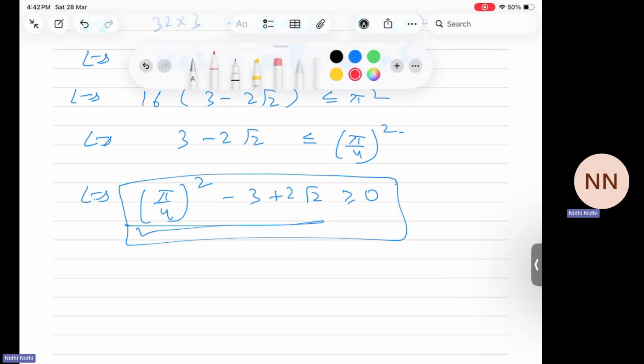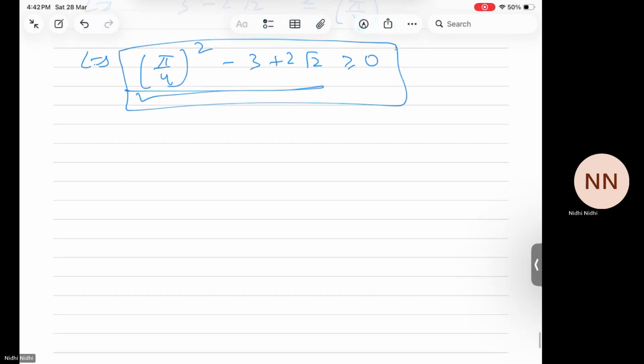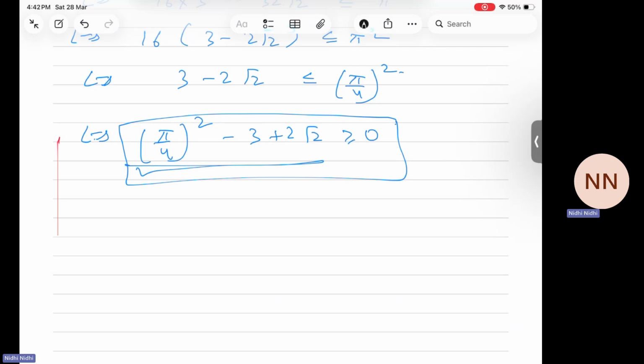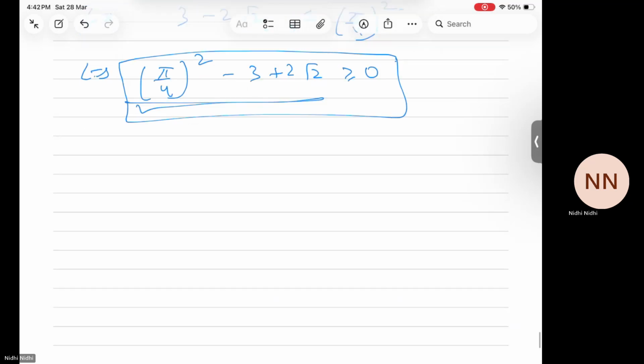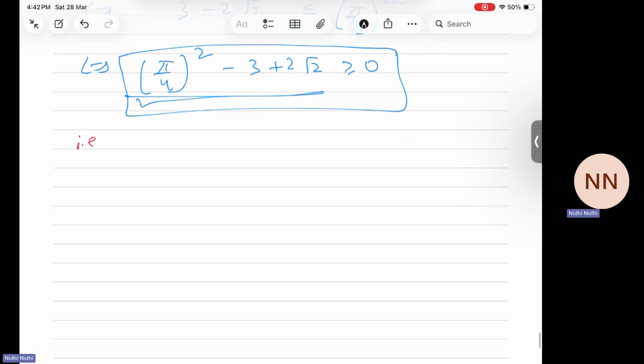So that means the integral I is less than or equal to 1 by 32 if and only if (pi by 4) whole square minus 3 plus 2 root 2 is greater than or equal to 0.